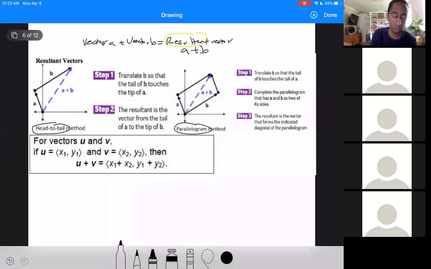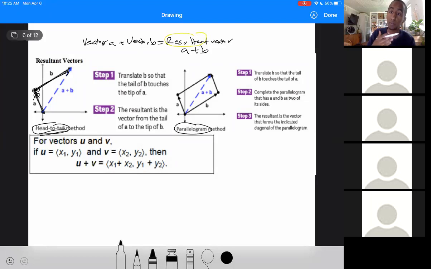Visually, what that looks like, using the head to tail method, is if this is vector A right here, okay, you would take A and draw it on the graph, starting at the origin. Then if this is vector B, this is why it's called head to tail: wherever the tail, which we're considering as the terminal end of vector A, ends, you would start the head, which we're considering the initial side of vector B. You would start vector B there and continue it from the tail of vector A. So you would draw A, then wherever it ends, you would start B and continue on.